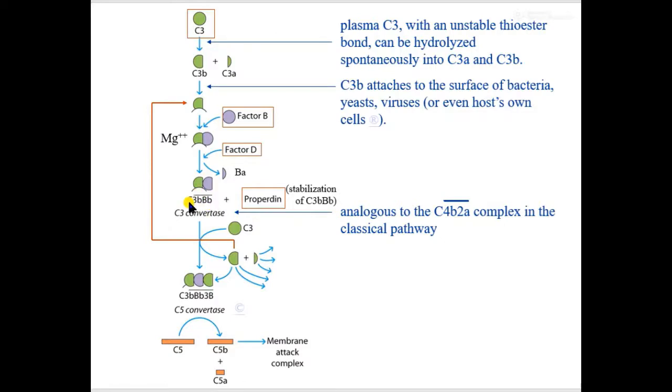Onto that, for the stabilization of that, a component called properdin also gets bound to it, and that will further break down the C3 component, and then 3b is also bound over here. Further on to this, the C5 and the remaining components bind, and it forms a membrane attack complex, so that the alternative pathway is formed.